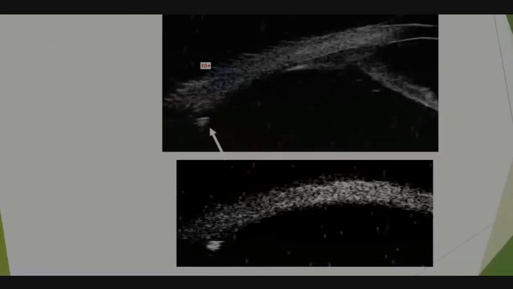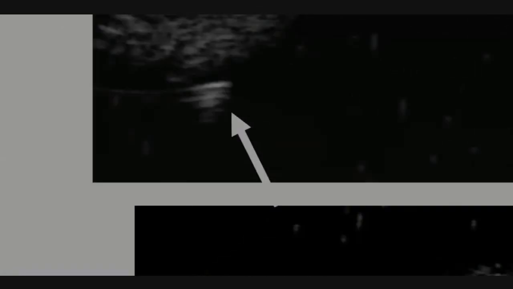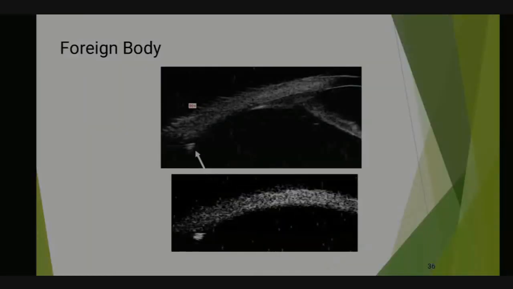Usually the consultant will specifically indicate UBM to see whether any intraocular foreign body is there or not. So in those cases only they will ask for UBM. Here you can see the hyperreflective echoes, so this might be the intraocular foreign body.